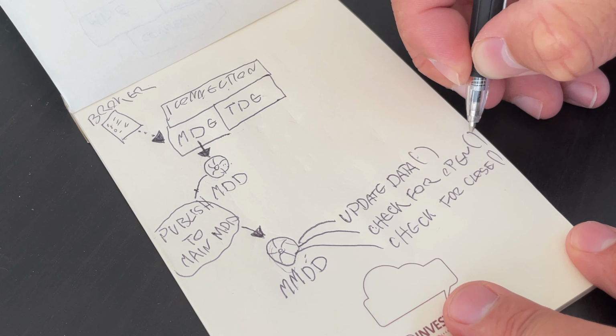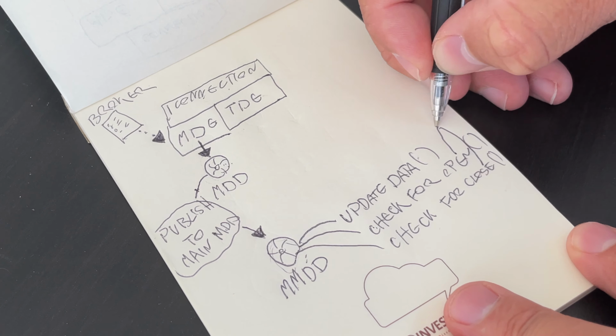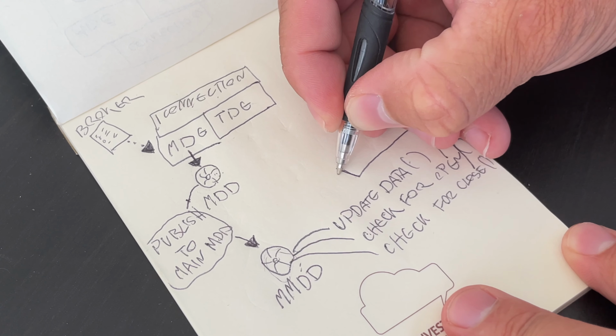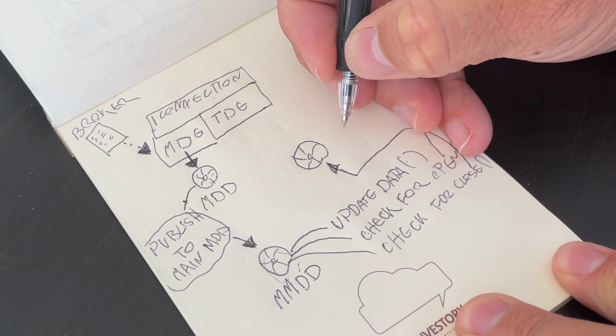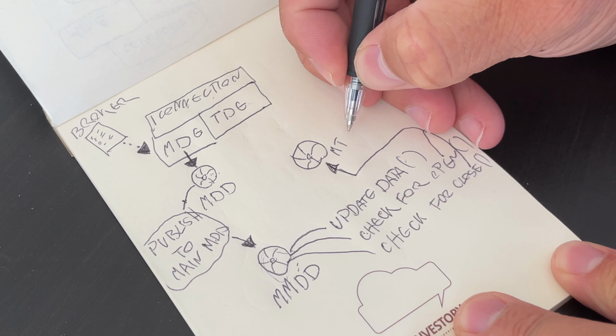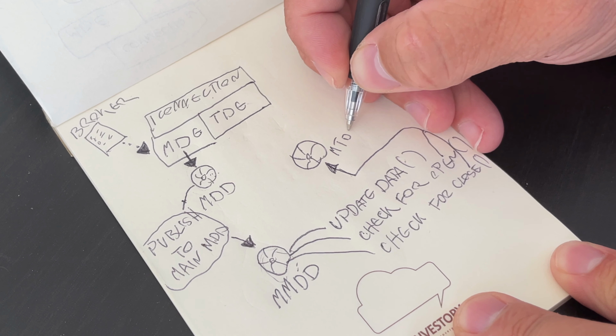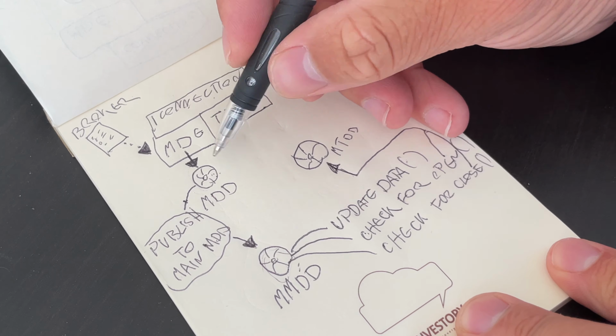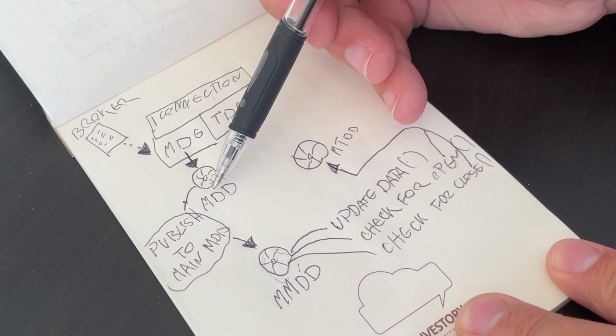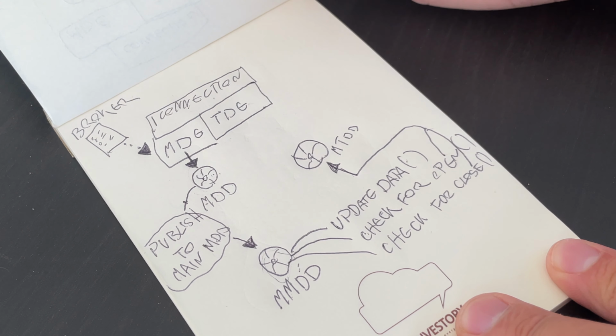We send an order, right? So let's take this one and push it to another buffer, which we'll call the main trade data disruptor. Basically, it's the same thing as the main market data disruptor.